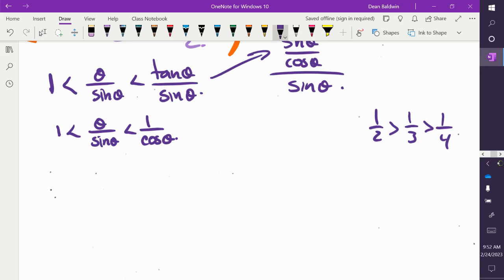Is that true? It is. If I flip all the fractions, 2, 3, and 4, what do I have to do to all the inequalities? You have to flip the inequalities, okay? So I'm going to flip all these. The 1 stays the same. So now I have this.